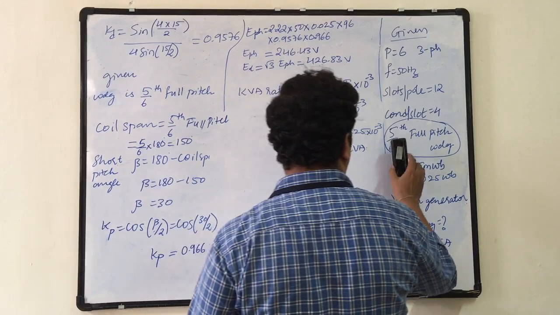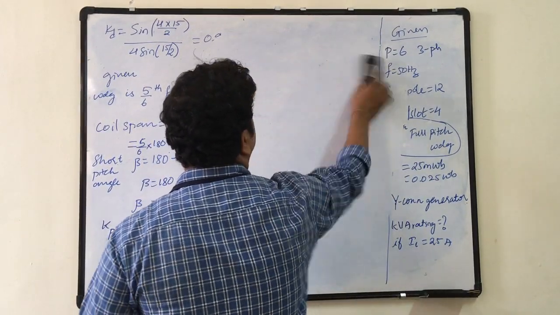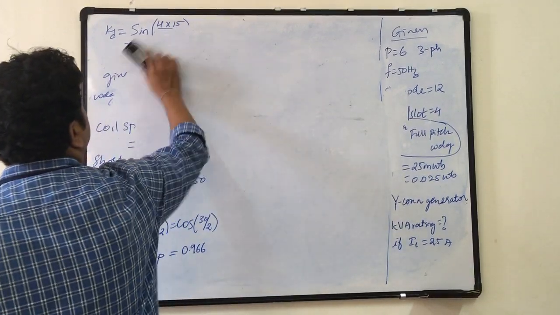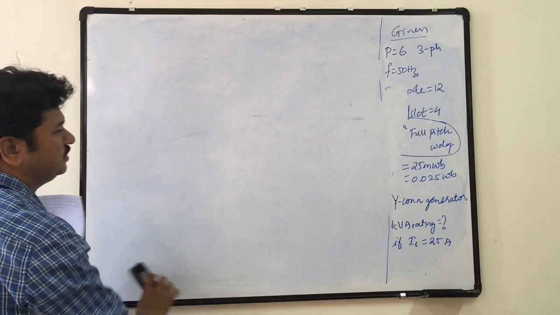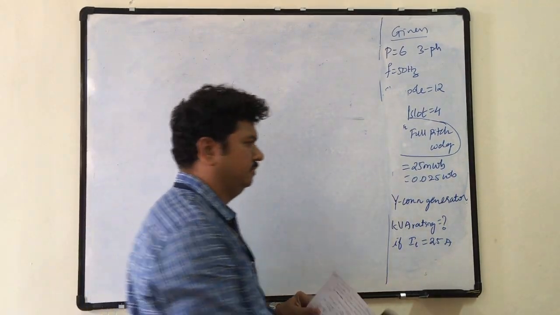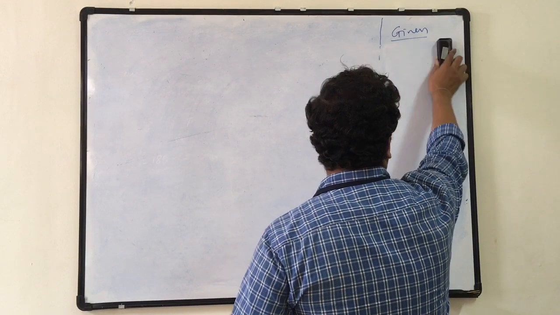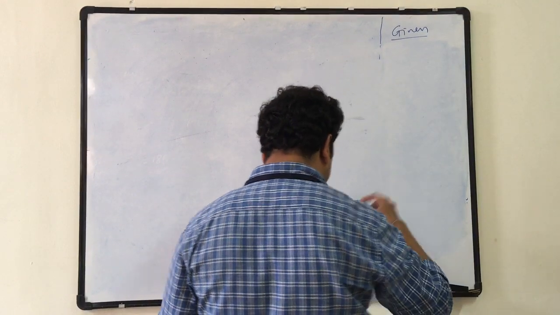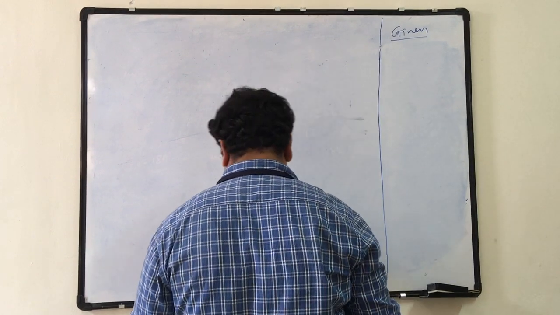So we'll see the given things first. Now the information about the short pitch winding is given in a different form. In the last example, we will see. First we'll write down the given things, then we'll discuss the given values.